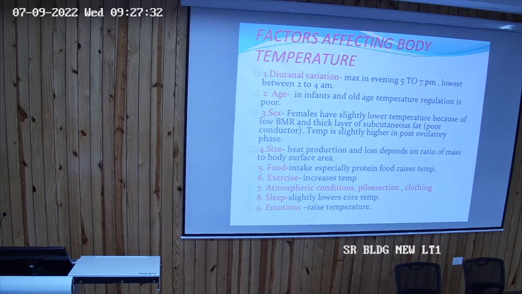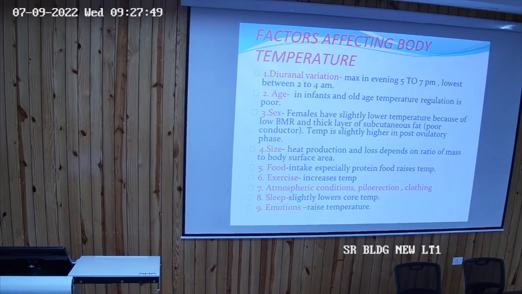The movement and activity generate more heat, so the temperature will be more during the evening, but it will be reversed if the person is working during the night. So it also depends on the working hours.